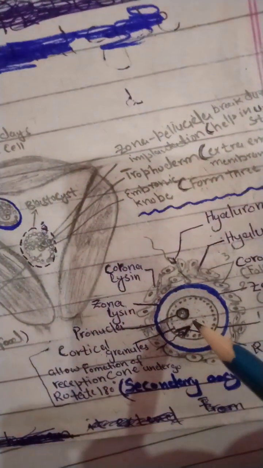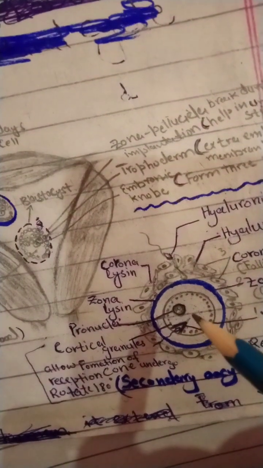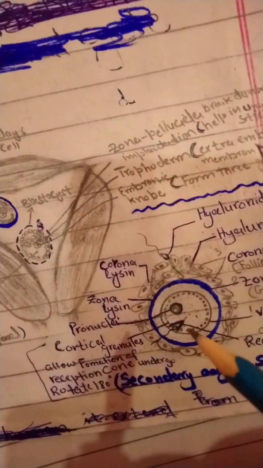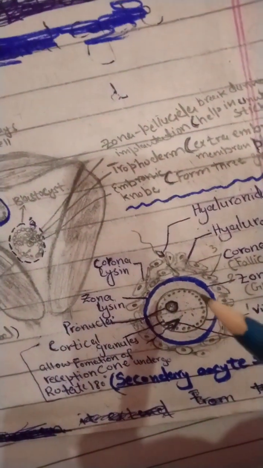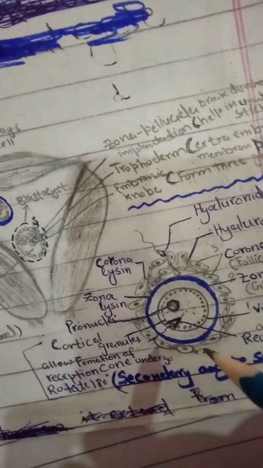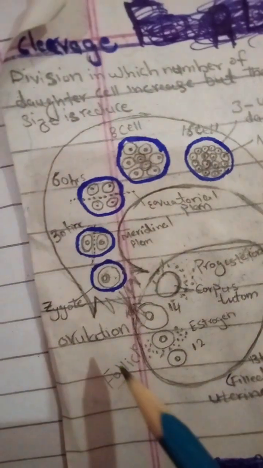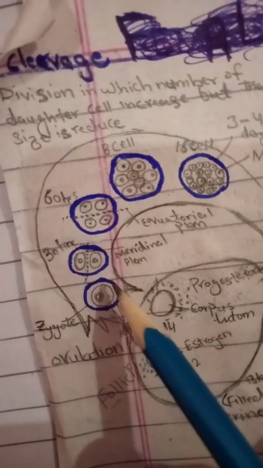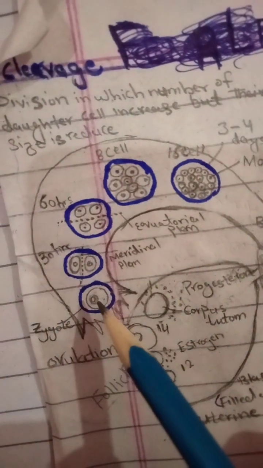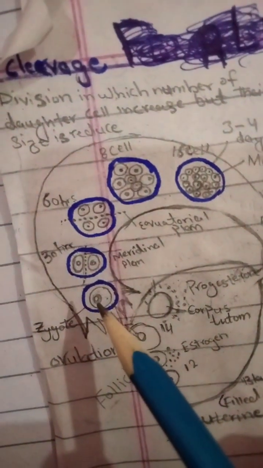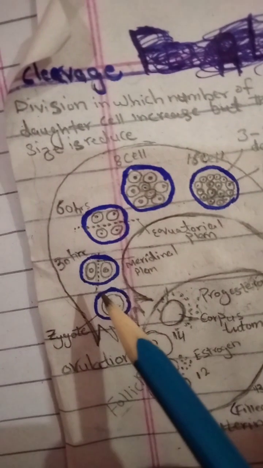After the sperm enters the pronucleus, fertilization takes place. After fertilization, the zona pellucida becomes thicker and thicker. Now the single-cell ovum is called a zygote.